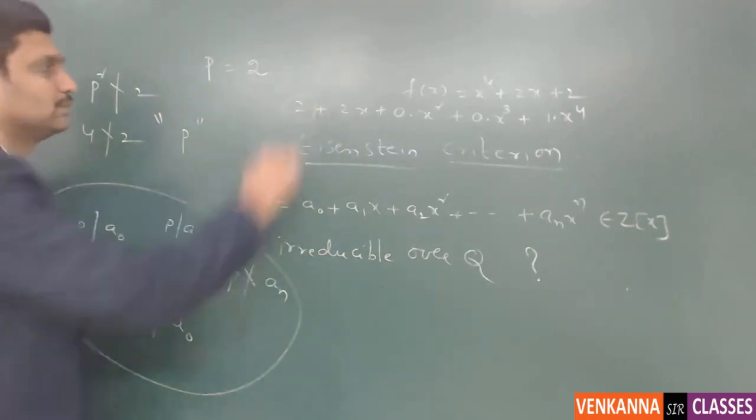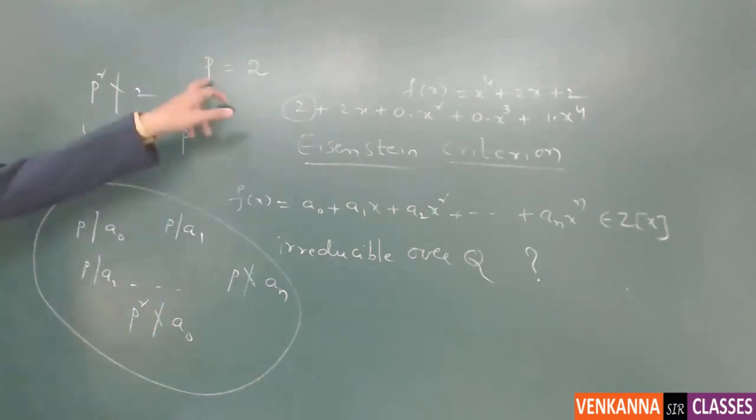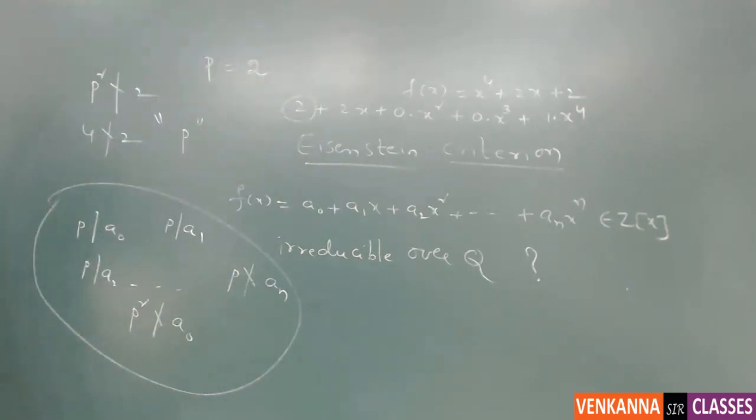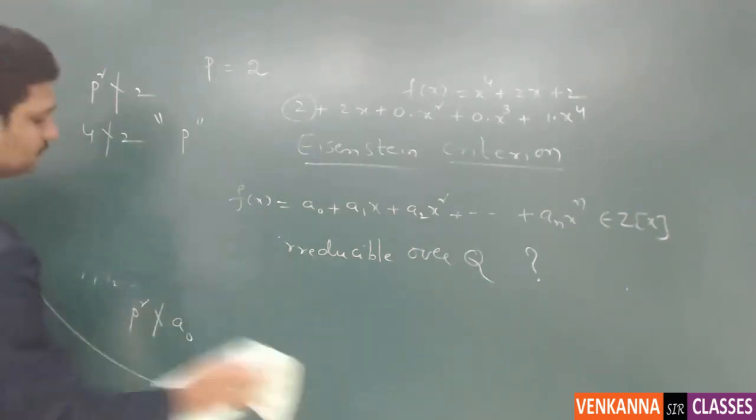This is 2, right? The prime number is 2. Is 2 square dividing 2? That's why 4 will not divide 2. So let me take one more example, then you will have the idea of this Eisenstein criteria.